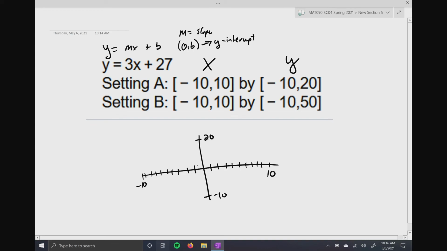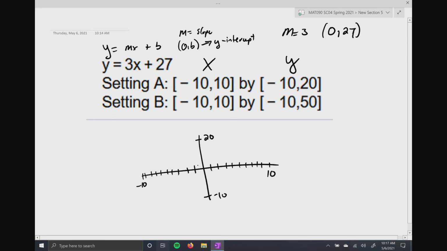Does that make sense, everybody? Yes or no so far? Okay? Now, in this situation, our slope is 3, and our y-intercept is 0, comma 27. Does everybody agree there?